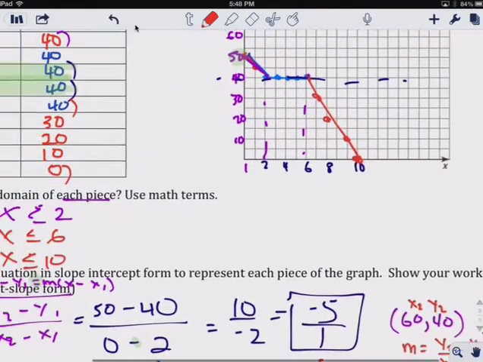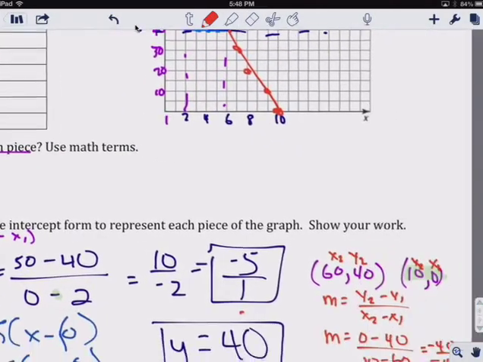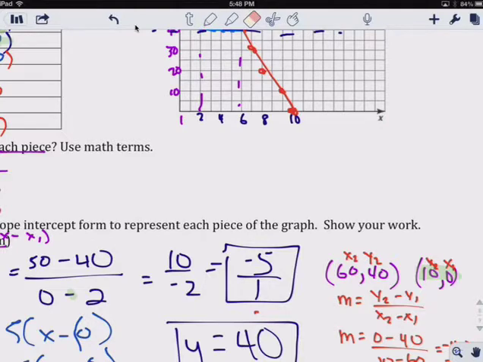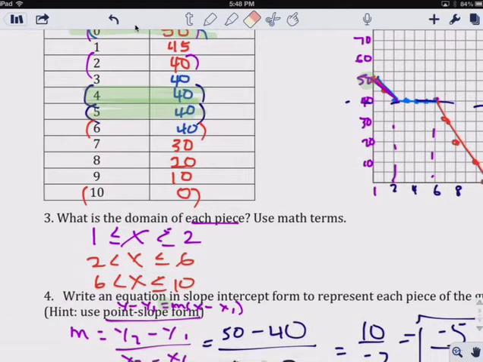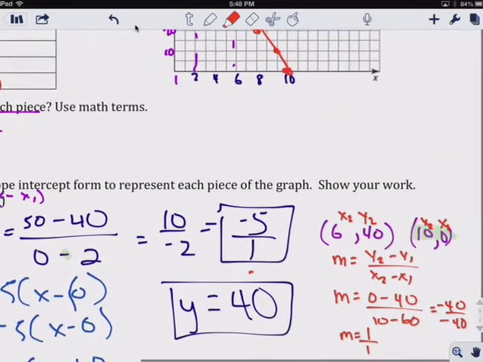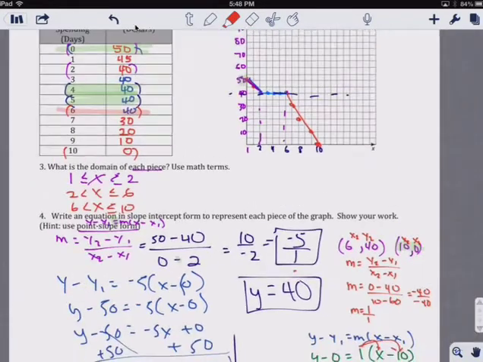I must have copied the problem wrong. 6, 40. Oh my god. That's why I copied the problem wrong. 6, 40 and 10, 0.